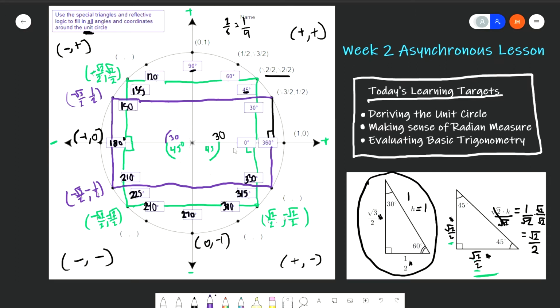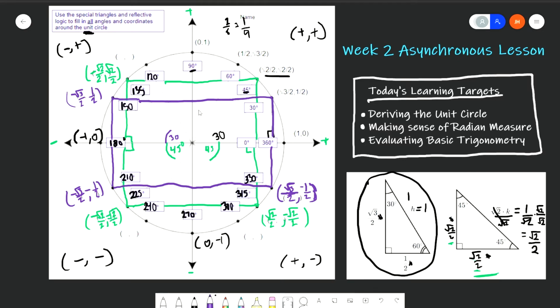Drop that, and I see that it's a positive root 3 over 2, comma negative 1/2, right? So those are the coordinates for all the 30-degree angles around it in the purple box. Here, let me draw this in purple.